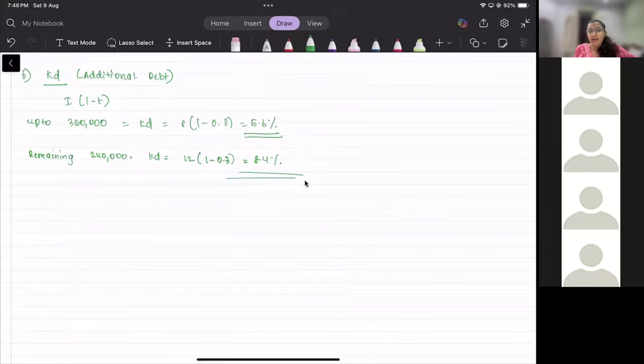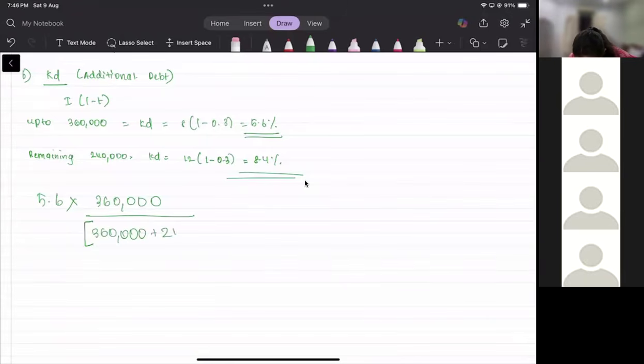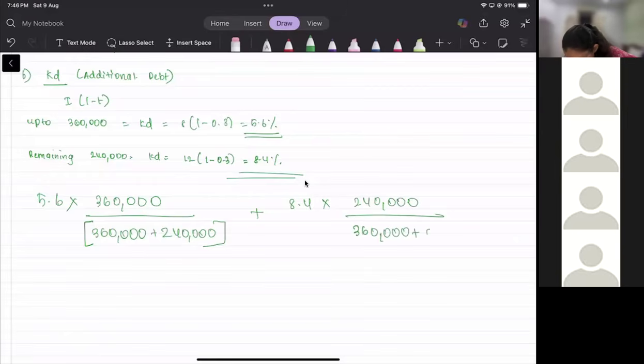How will we find the weighted average? Simple, right? 5.6 into this cost is for 3 lakh 60,000 rupees, right? How much is the total that I am raising? 3 lakh 60,000 plus 2 lakh 40,000, plus 8.4 into 2 lakh 40,000, by the same 3 lakh 60,000 plus 2 lakh 40,000.